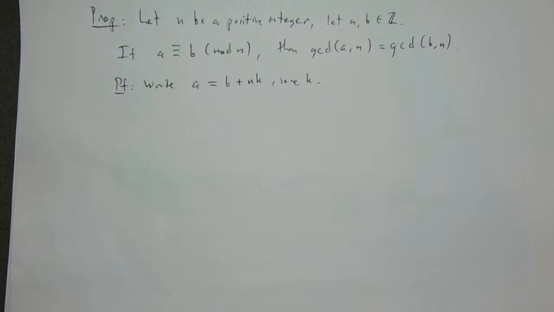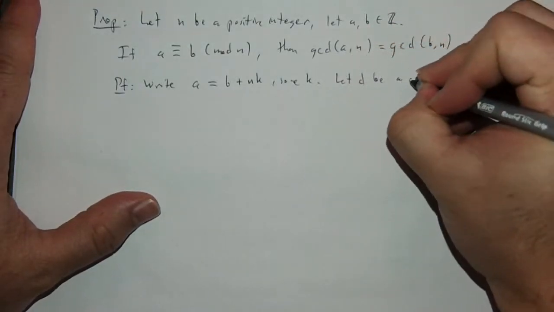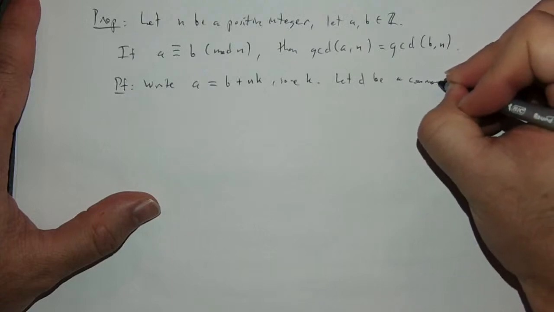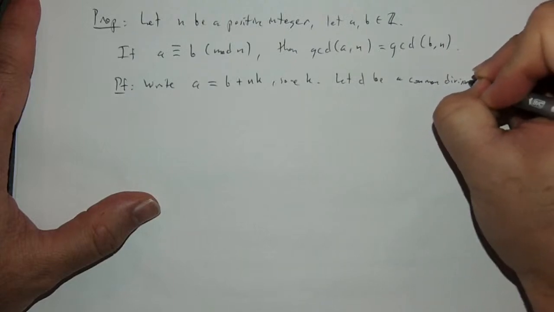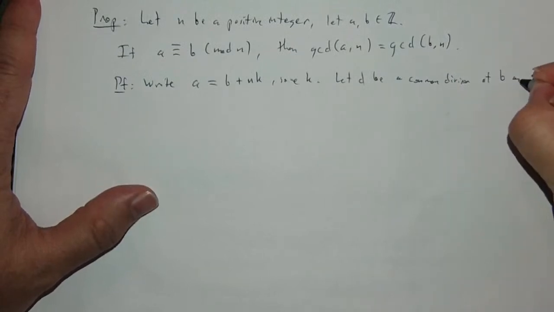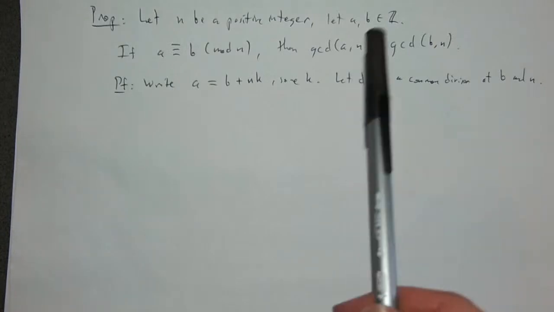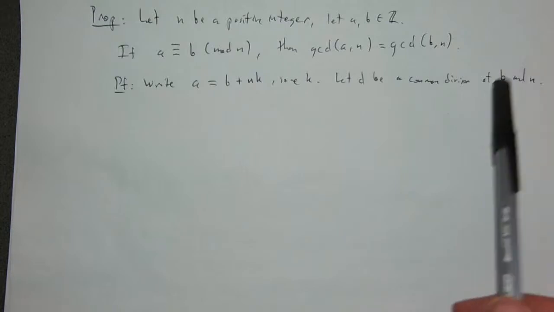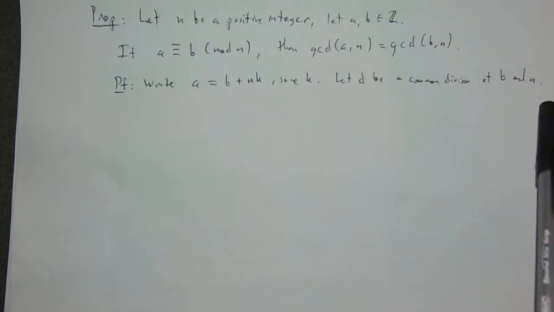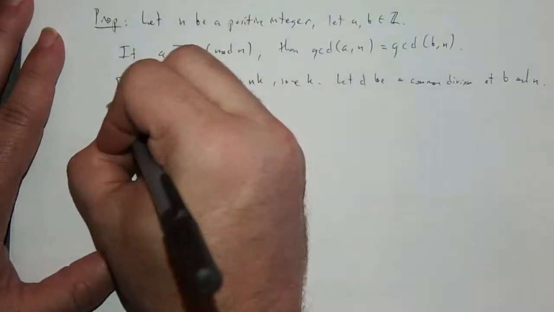Okay. Let d be a common divisor of b and n. Well, if d is a common divisor of b and n, it divides both b and n. So it divides b, divides n.